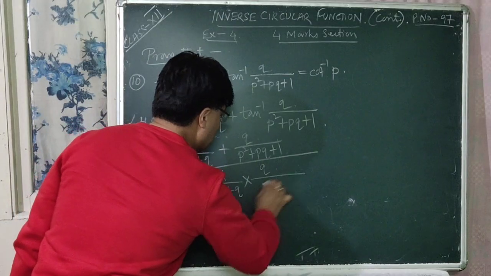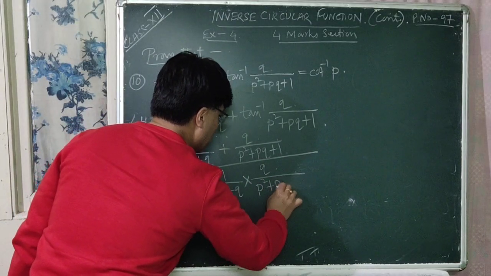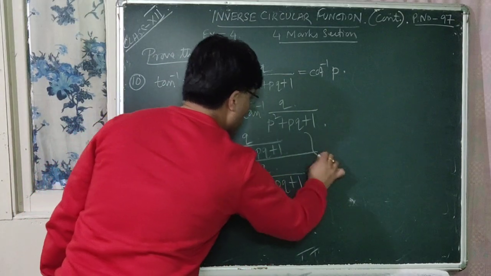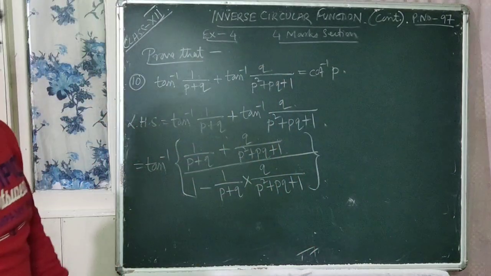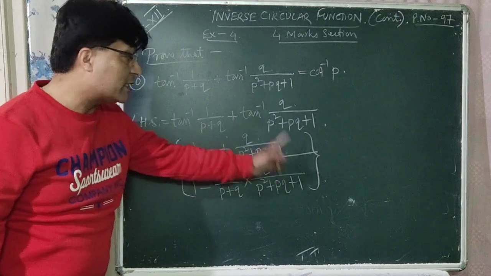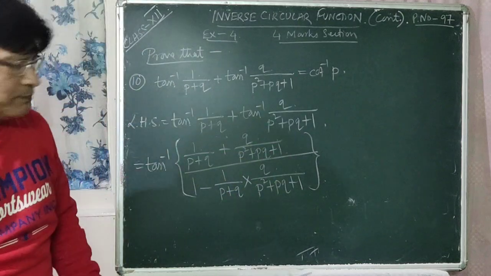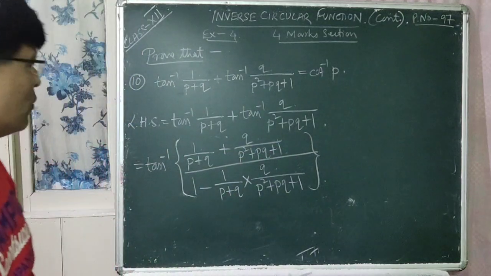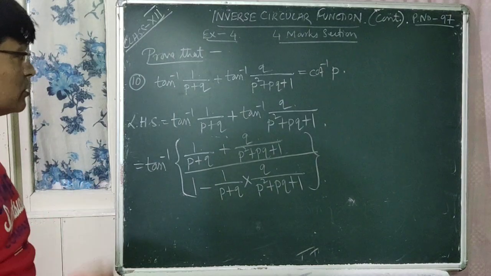It is Q divided by P square plus PQ plus 1. So here second bracket is closed. You could have written here first bracket also or third bracket. Okay. So now what will you do now? So you should simplify it.